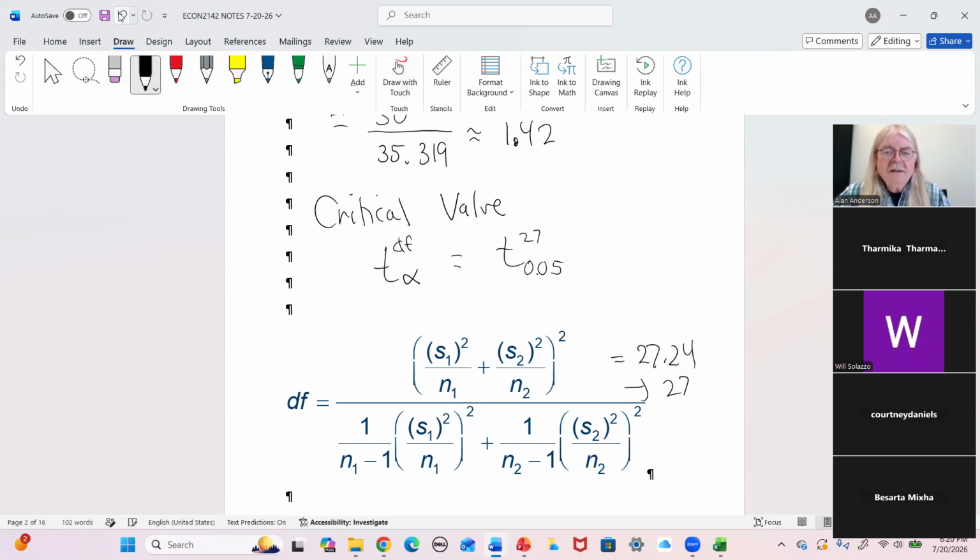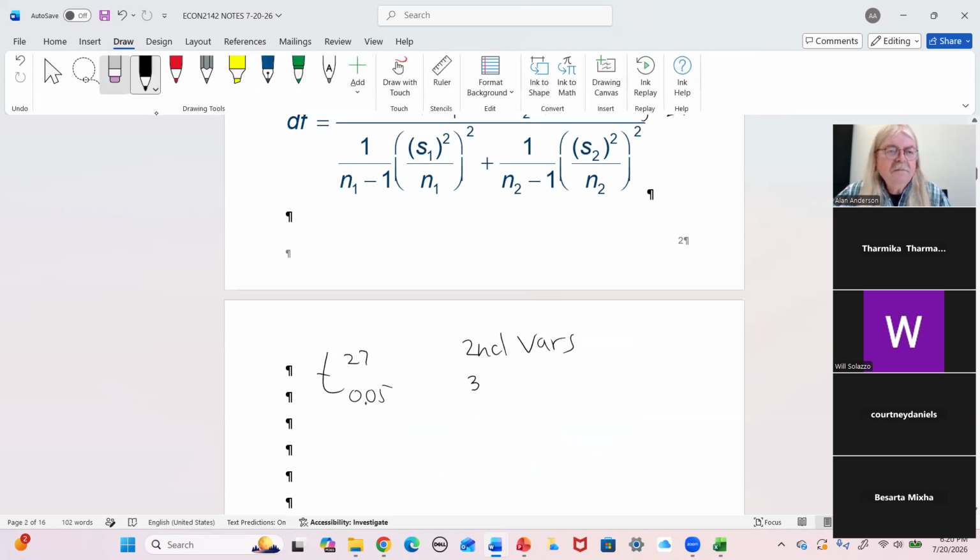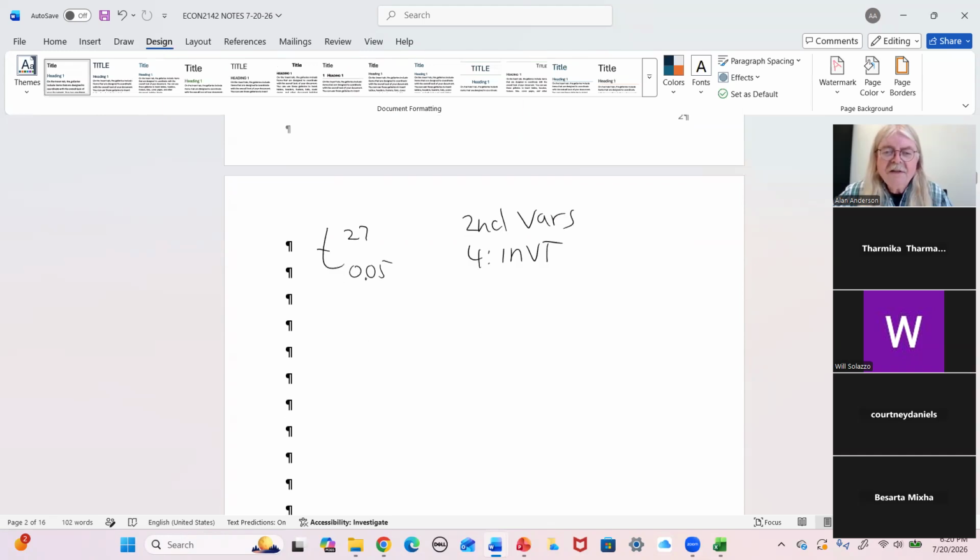So how do we look this up? Second vars, number 4 is our old friend INVT. And remember, this one requires the left tail area.